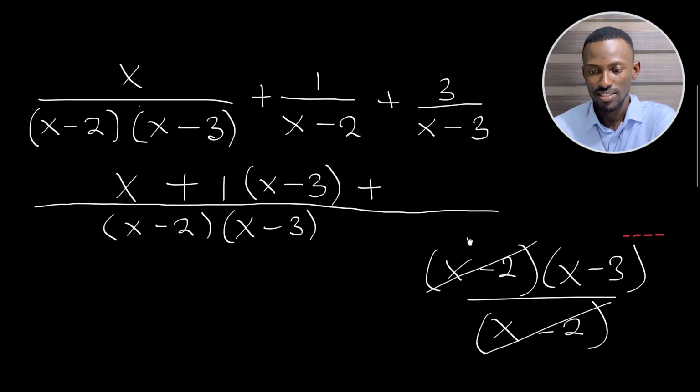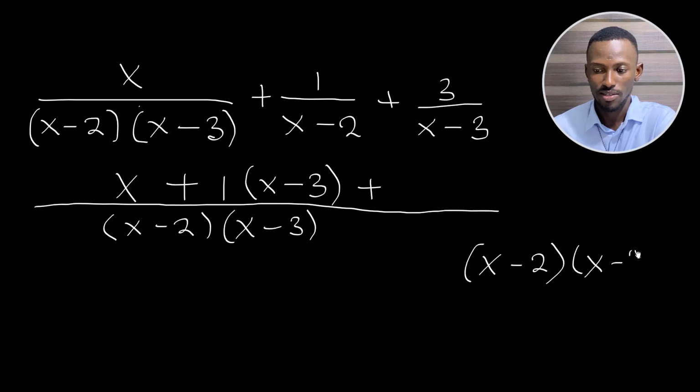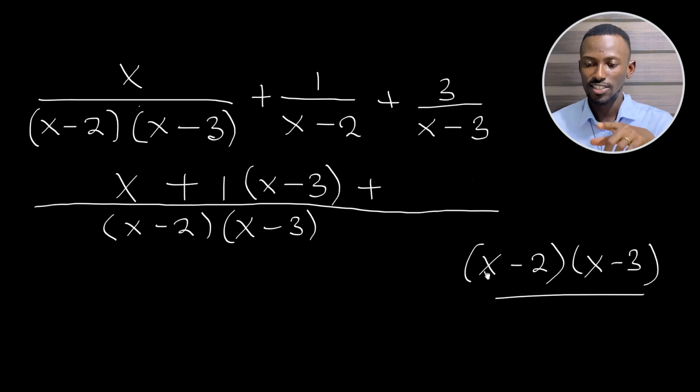Let's now delete this side. Good. So what we need to do now is to move to the next denominator. That is x minus 3. So for that, we are going to repeat the same steps. That is x minus 2, x minus 3, all divided by the denominator, which is x minus 3.